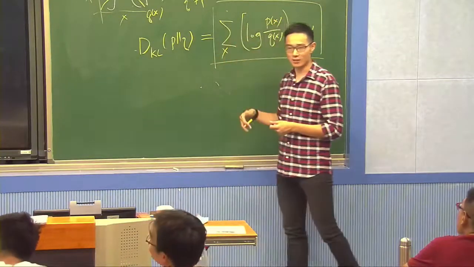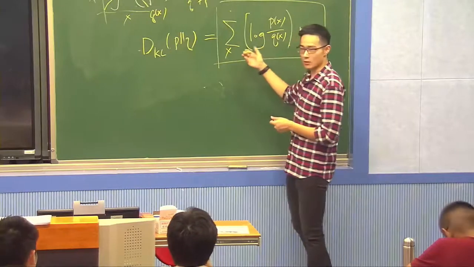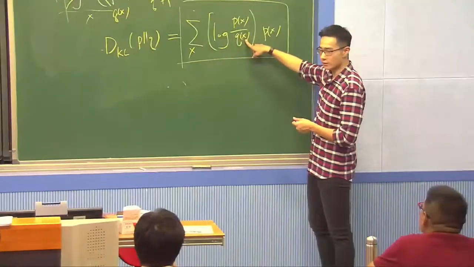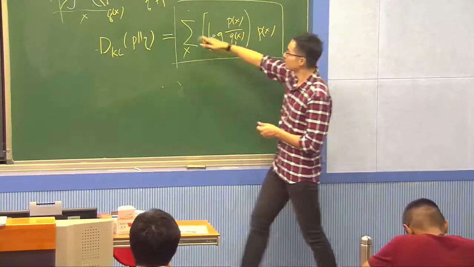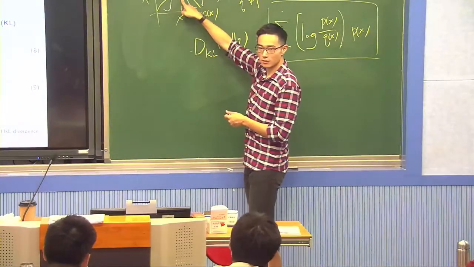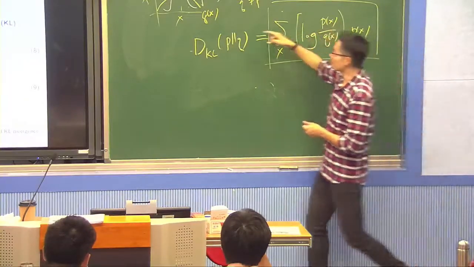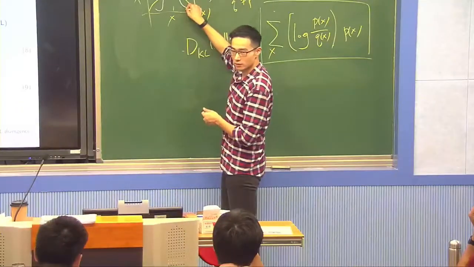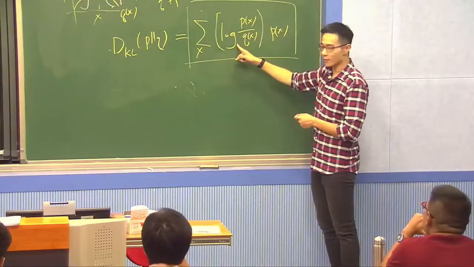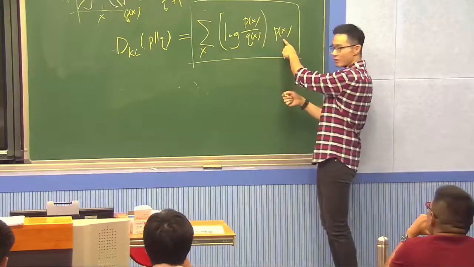Yes, very good. According to Jensen's inequality, you can prove that this is larger than 0. Now, intuitively, it's also pretty obvious. Look, when P is large and Q is small, what happens? This is larger than 0, right? Now here, Q is large, P is small. This is smaller than 0. However, even when this is smaller than 0, P is also small.